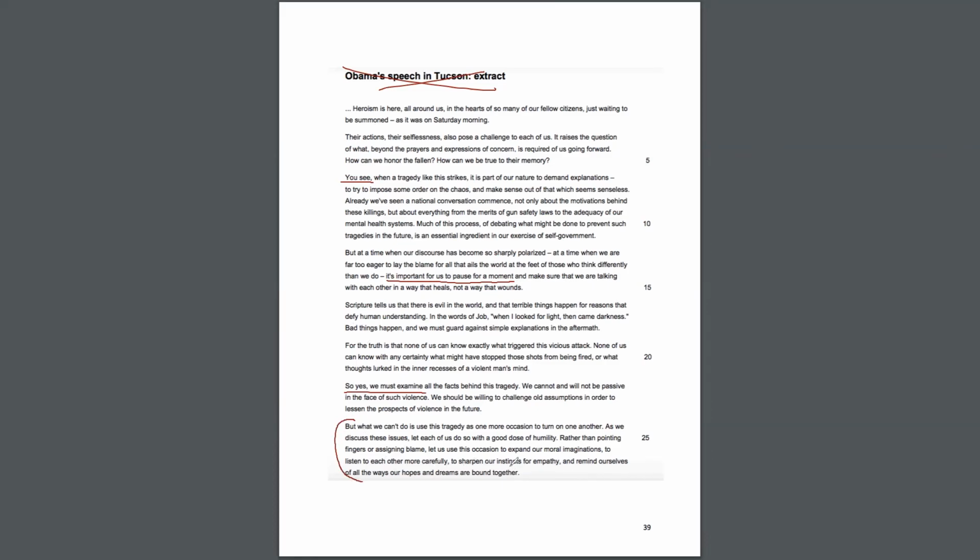But what we can't do is to use this tragedy, right? So make sure that you use a lot of we, us, and talk to your audience in a logically organized way. Yes. So with the closing, make sure that it's powerful, make sure that it's engaging, and make sure that you kind of ask them to behave in a certain way or provide some type of solution.